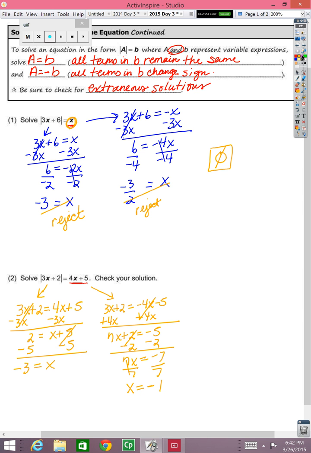Again, I like to set up a T-chart. And I'm just going to check by substituting these numbers into the original equation. So I have the absolute value of 3 times negative 3 plus 2.